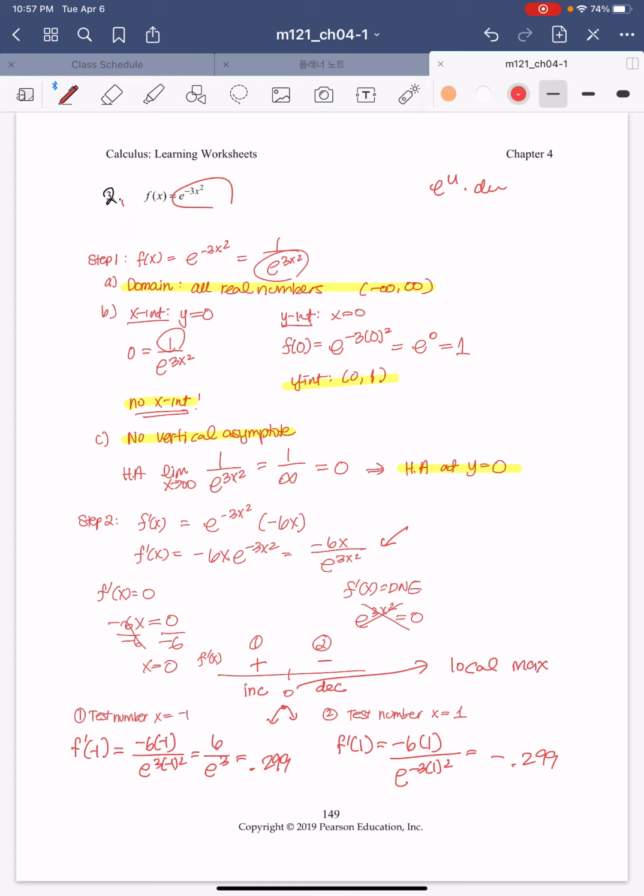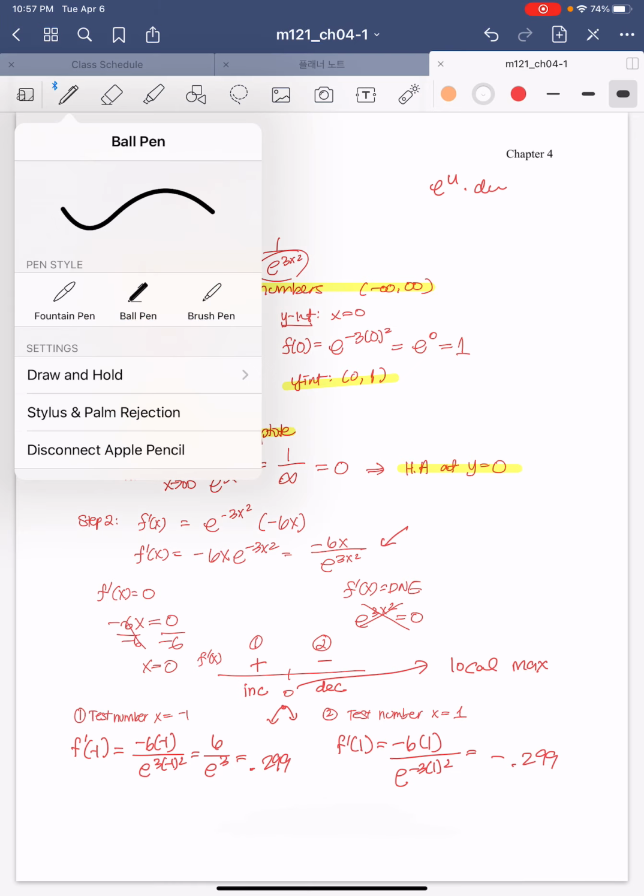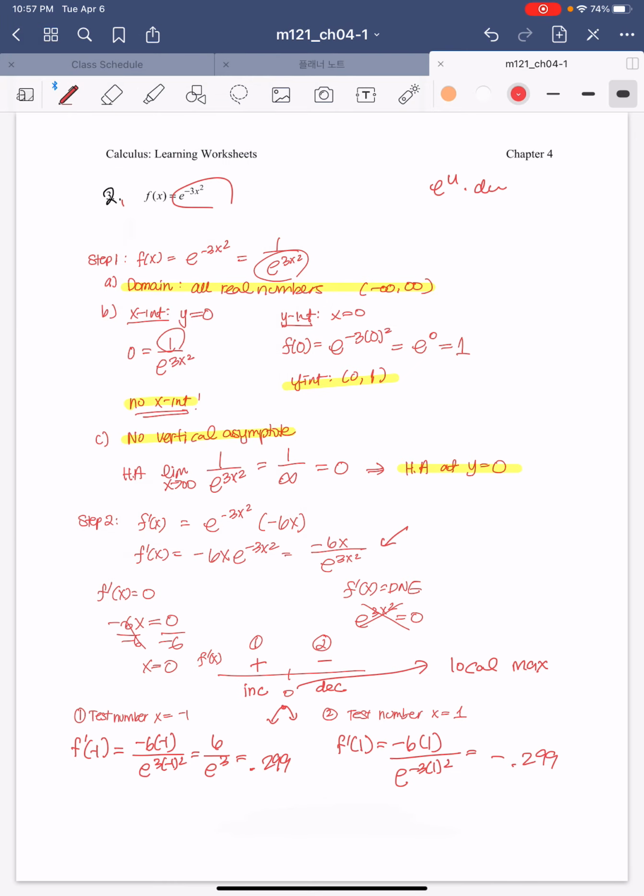Okay, so let's write it out over here. Many of the things that we are doing are just a review from 4.1 and 4.2. We've been doing this a number of times at this point.